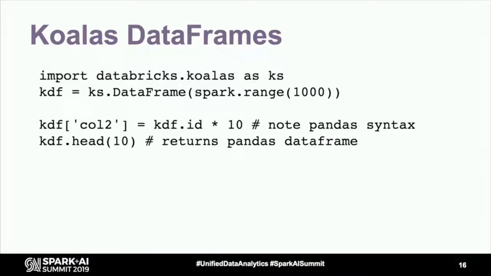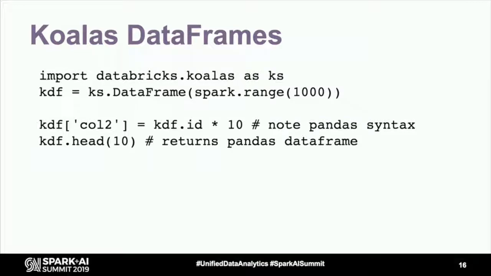So that's what brings us to Koalas DataFrames. The big gripe, if you will, is that the DataFrame syntax for Python and PySpark has its own flavor, right? Just like everything else. And the Pandas library, which is a popular single node data manipulation library, is quite popular.